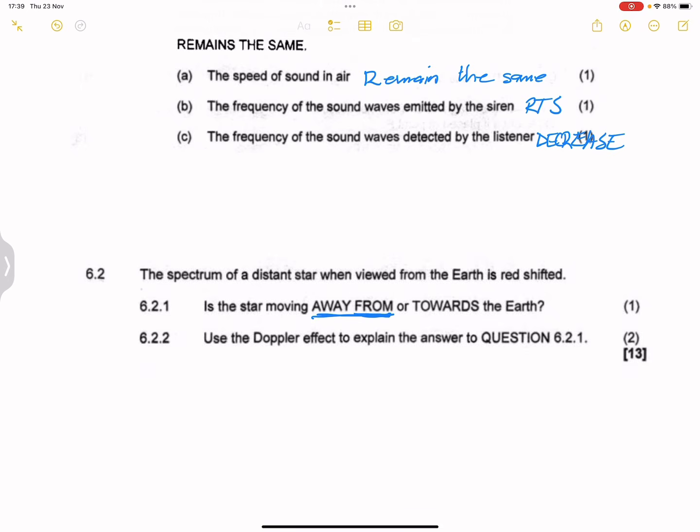Okay, so remember, all we're simply going to state in this case is that redshift means we move away. So this is a move towards the longer wavelengths, the lower frequencies.